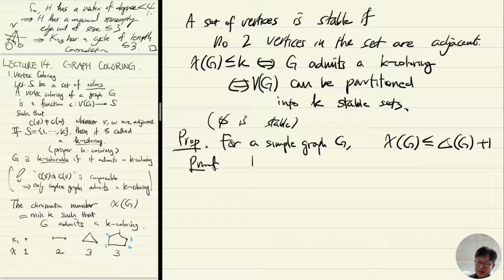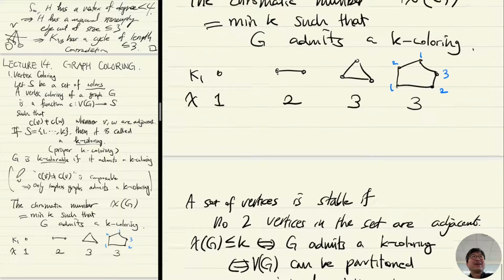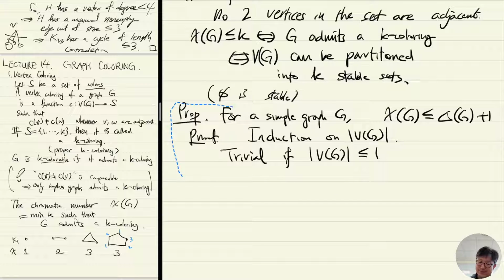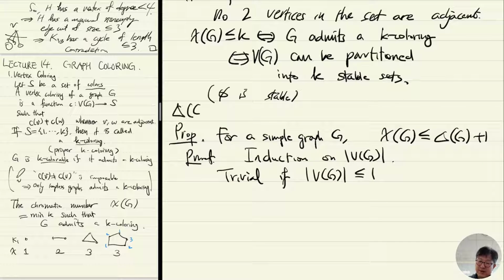Well, we apply induction on the number of vertices, and it's trivial if the number of vertices is at most 1. If you have 1 vertex, then delta is 0. By the way, what is delta? Did I define it? No. Okay, let's define delta. It's the maximum degree.